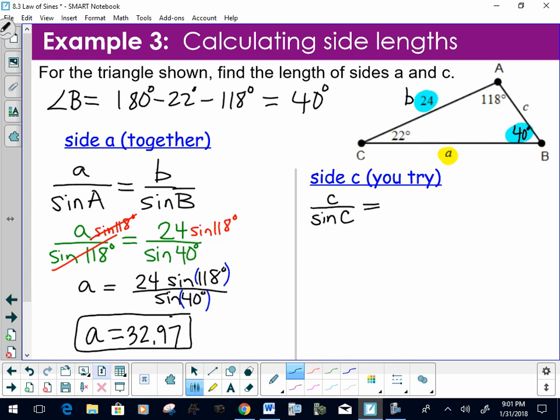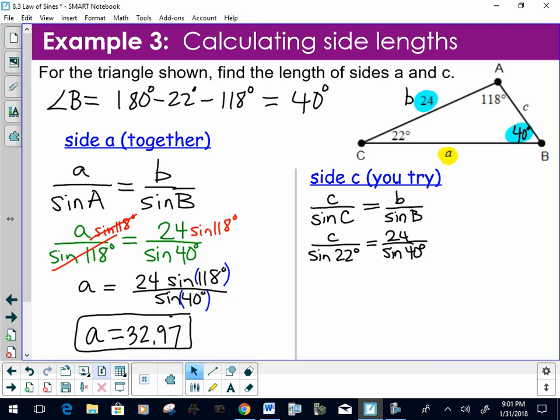And again, we know that partnership of side B and angle B, so we're going to use that to help us solve for C. So if I put in the values I know, angle C is 22 degrees, side B is 24, and angle B is 40 degrees.